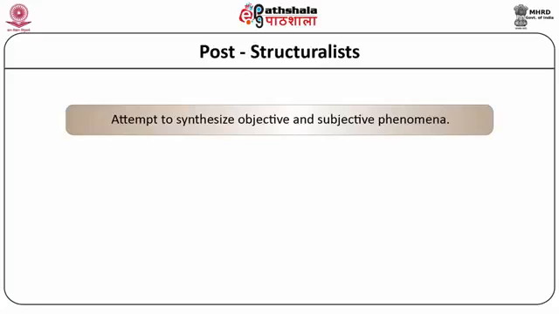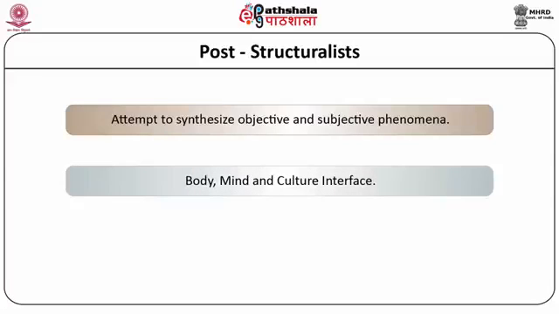And a very important component of objectivity and subjectivity is how to understand body and mind. The body is an essentially objective phenomenon, and the mind is essentially a subjective phenomenon. So, post-structuralists have tried to come up with theoretical concepts, with theoretical postulates, which explain how mind, body, and cultural values could be put together.